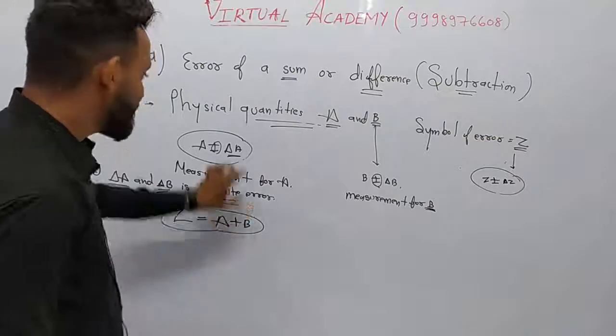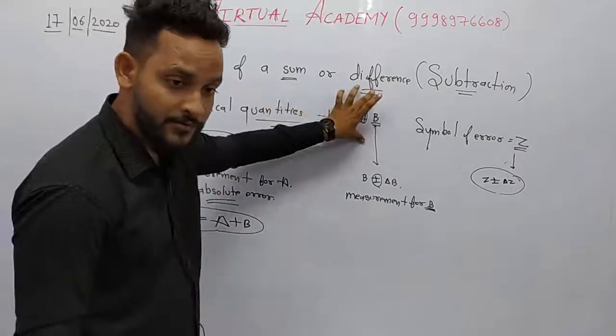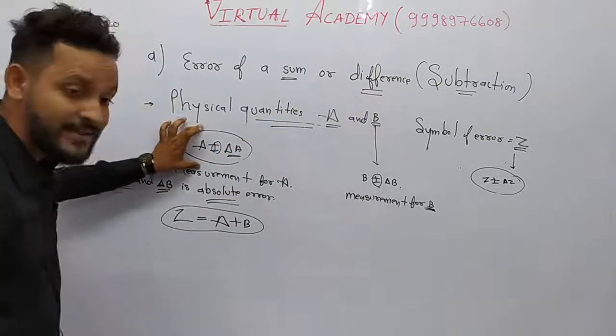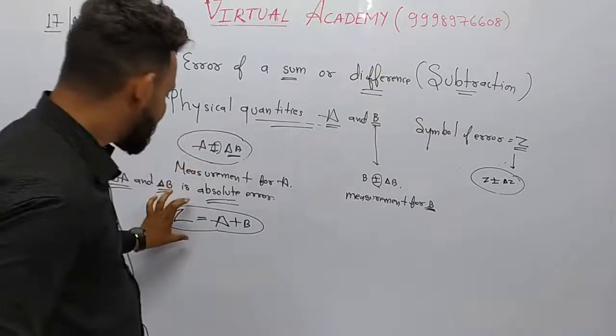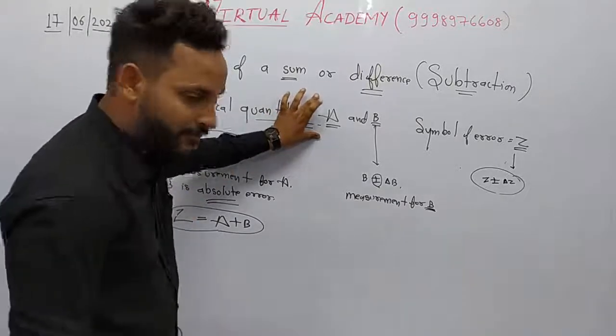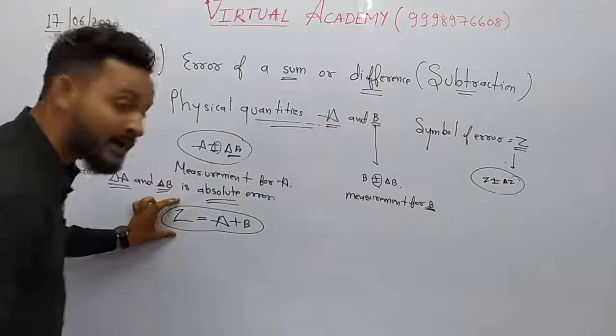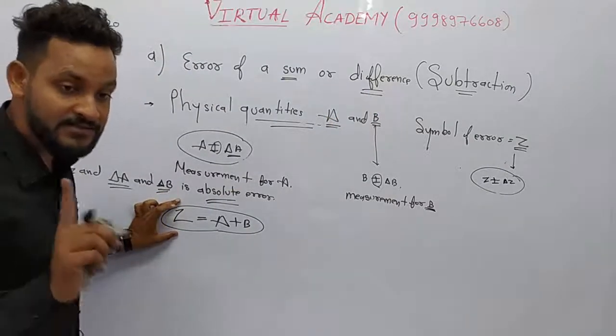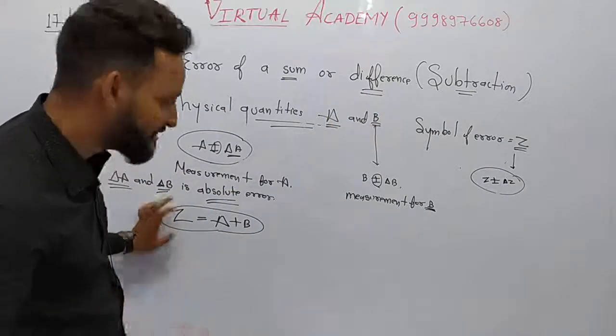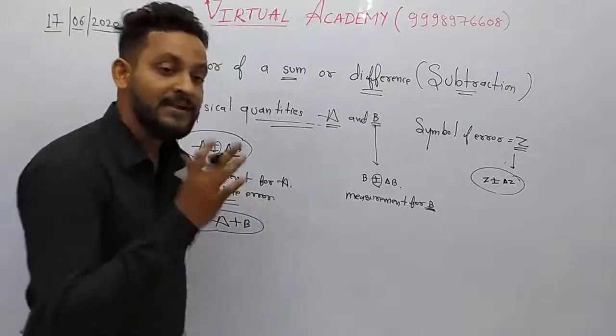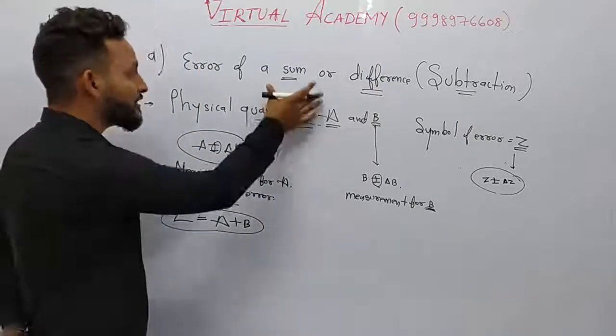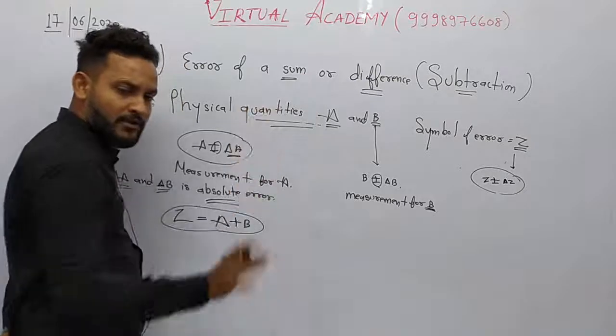What is total Z? Measurement of A plus measurement of B. But here we are not dealing with absolute error. What did I say? What will Z be? Measurement of A and measurement of B. When? When there was no error in our equation. Now after that, if we introduce error, we are talking about addition.